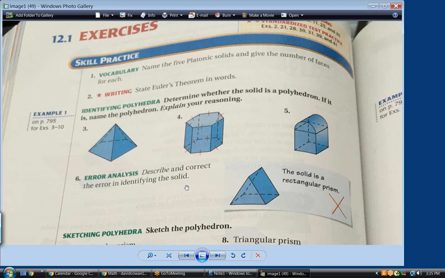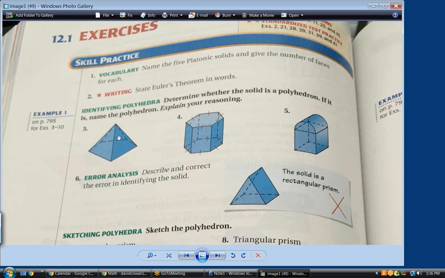Okay. I'm not particularly strong on naming polyhedrons. The only thing we can tell about number 3 is how many sides does the base have? 5.